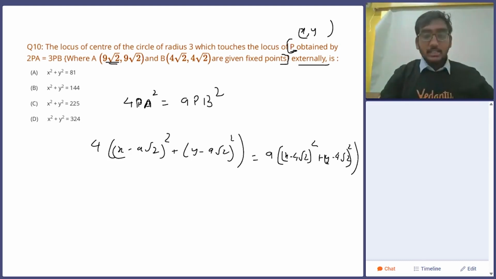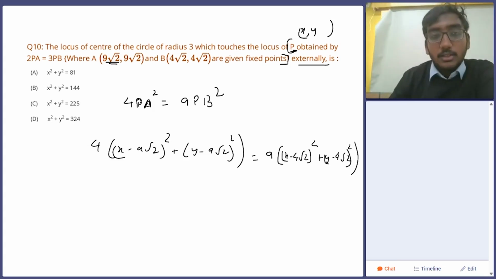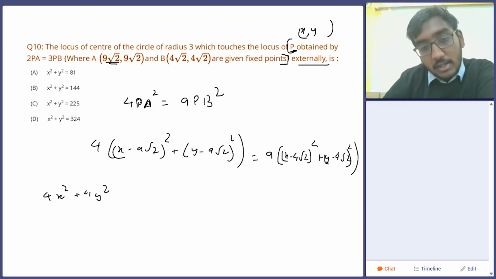So I can rearrange. The only thing we observe is that the 2ab term will be there now. For that, when you multiply it with this 4 and that 9, they will be completely cancelled. It will not exist, okay? So the only thing which will exist on the left hand side will be 4x square plus 4y square.